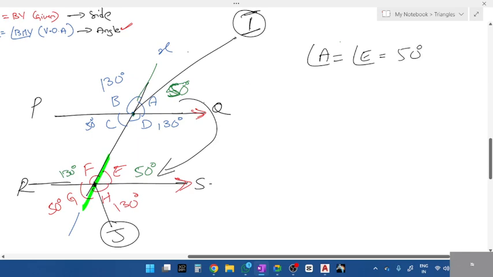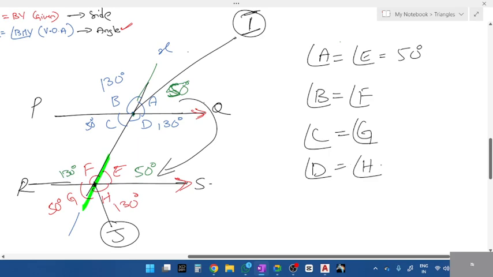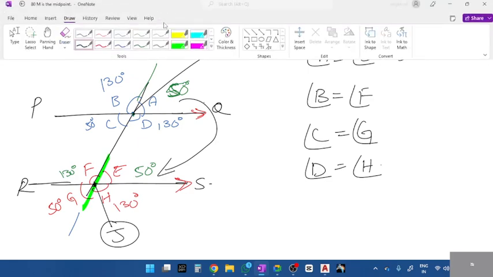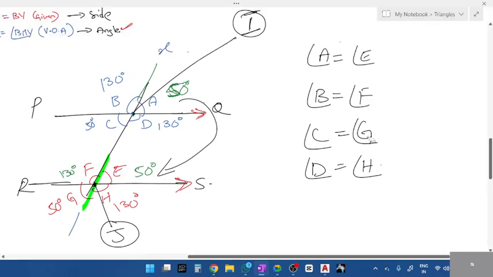Where angle B is given, the same position but a different parallel line, which one do we have? Same position, angle F. Next, angle C. Tell me the other combination, angle C and G. Next, angle B and angle H. Are all the values also equal?